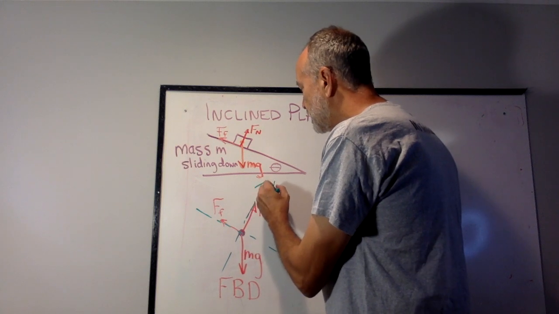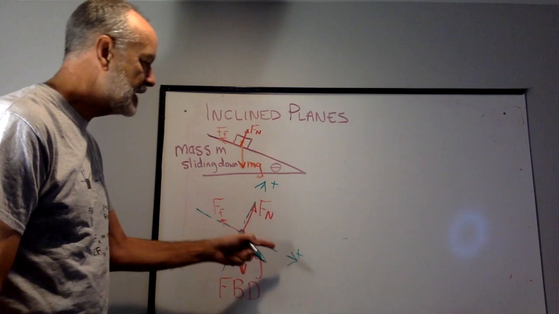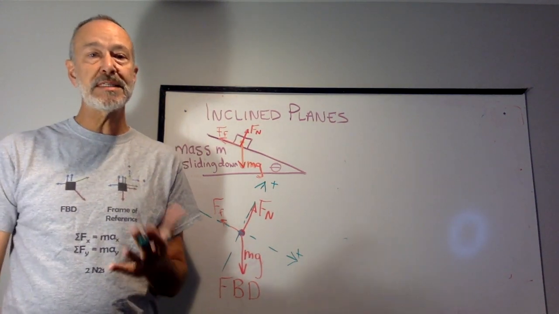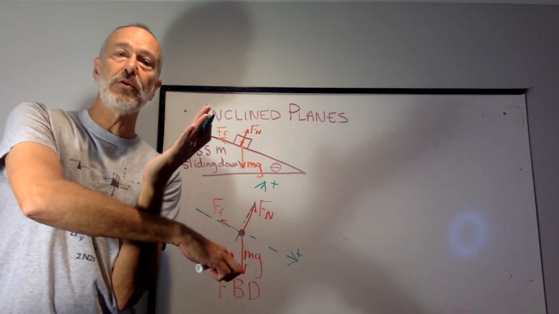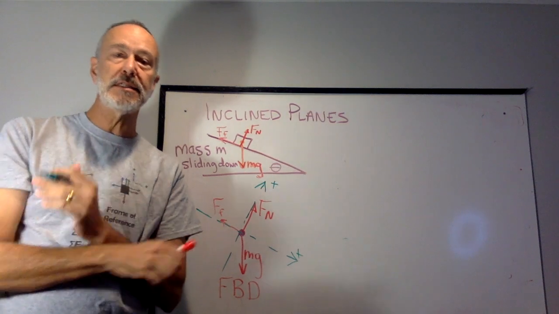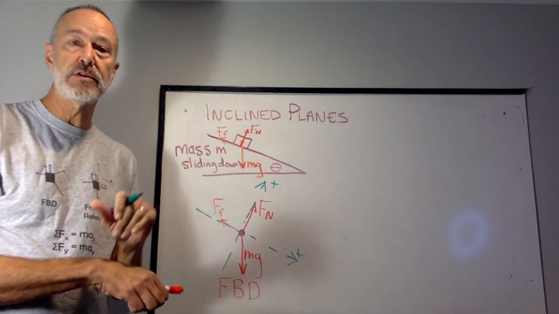I'm going to call this positive, I'm going to call this positive. I'll consider that to be my x and my y up that way, but that's my frame of reference now. It's handy to be able to create your orthogonal or perpendicular axes, so the acceleration is only going to happen in one of those dimensions.